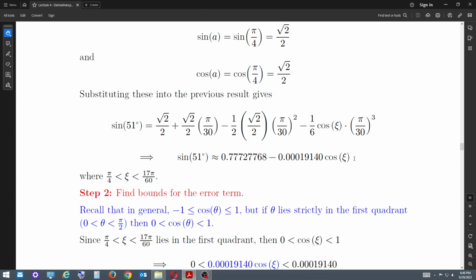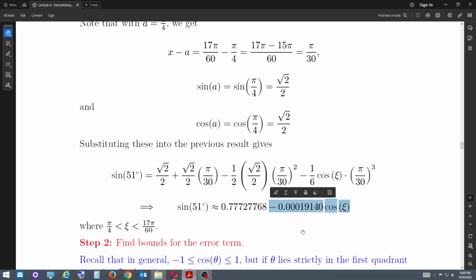This is my error term. Notice my error term has a negative sign here. Also, xe lies between a and x. A is pi over 4, which is 45 degrees, and we know x was 51 degrees. So xe is some value between 45 and 51 degrees. The important thing is that it's between 0 and 90 degrees, so it lies in the first quadrant.